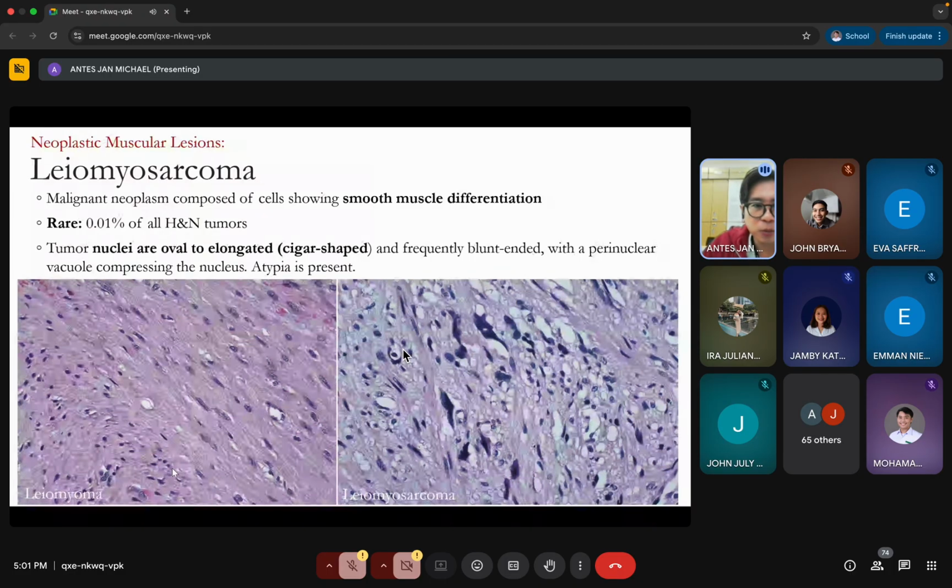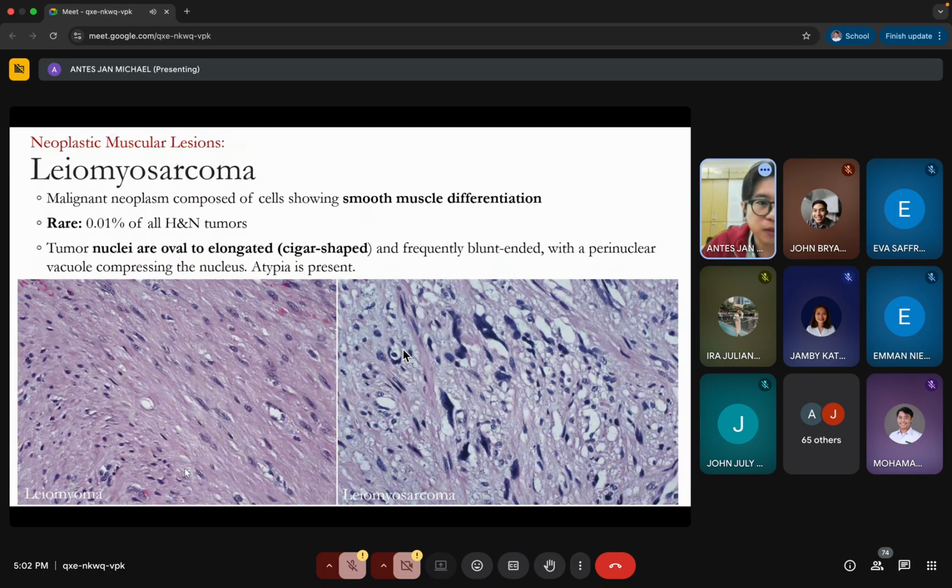So let's just have a recap. What you can see in leiomyosarcoma is nuclear pleomorphism, and then there are lots of vacuoles. Those are the two signs that we need to see to know whether this is a malignant or a benign smooth muscle lesion.